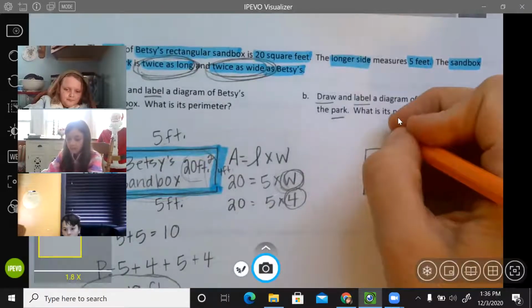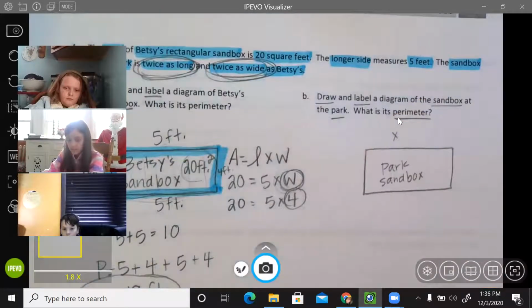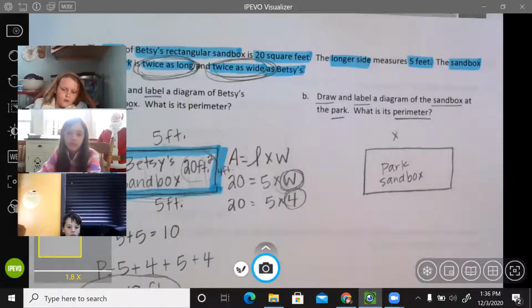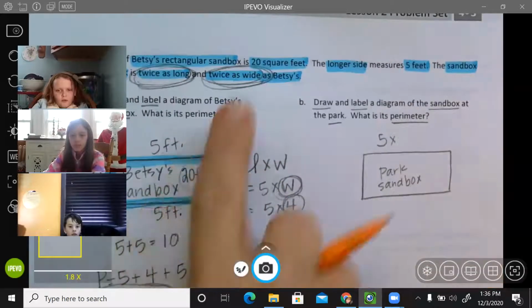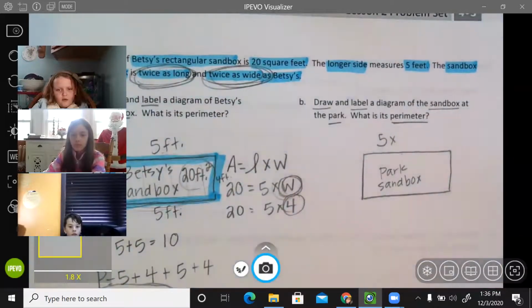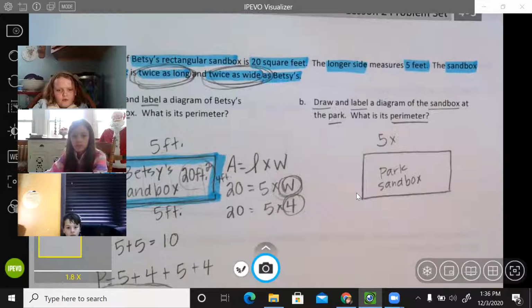What are we going to multiply? 5 times... Okay, so that's Betsy's sandbox. We want it twice as long. So what would we multiply 5 by? 5 times 5. No, it's not 5 times as long.